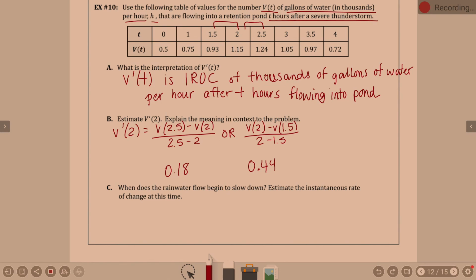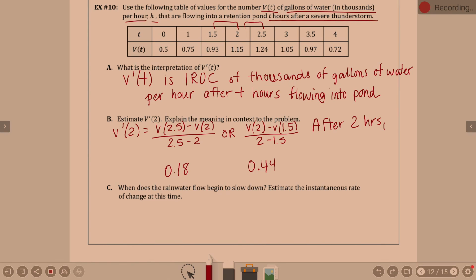Well, the 2 is saying after 2 hours. And the derivative of V is your rate of flow, yes? Your rate of the change of the volume. And it's 0.18 to 0.44, but what is this measured in? Gallons of water.